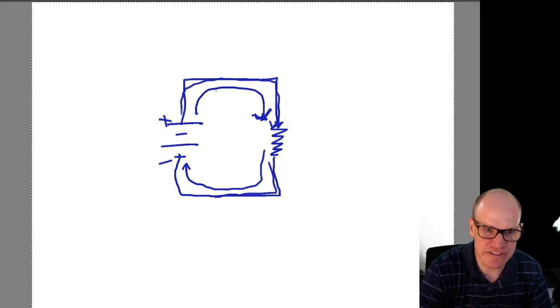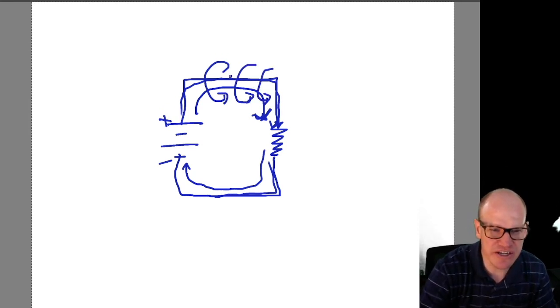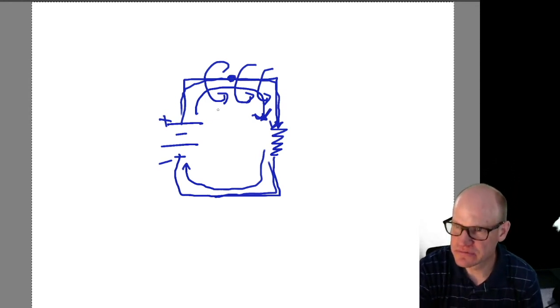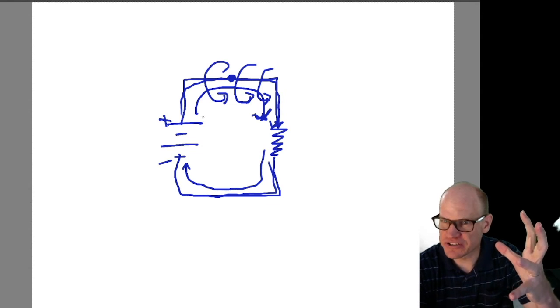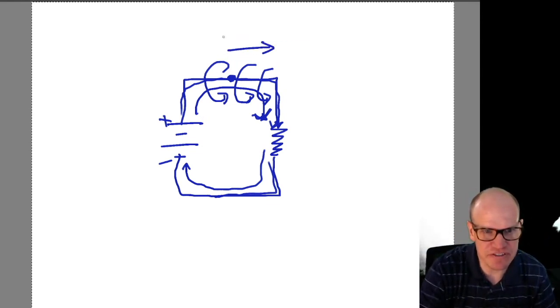The magnetic field is curling around the wire. So at this location right here, which direction is the energy flowing? Well, the electric field is pointed this way, and the magnetic field is going to be pointed that way, right?